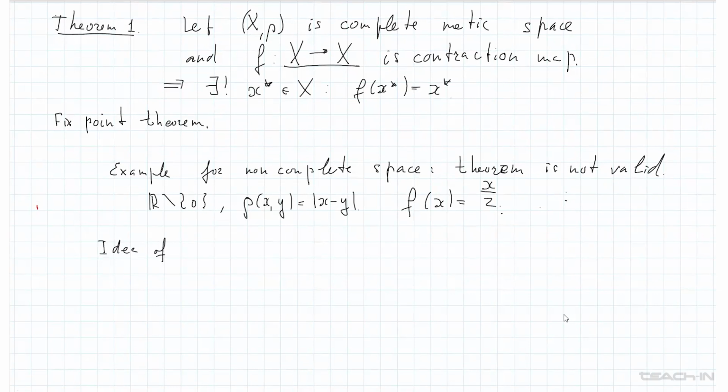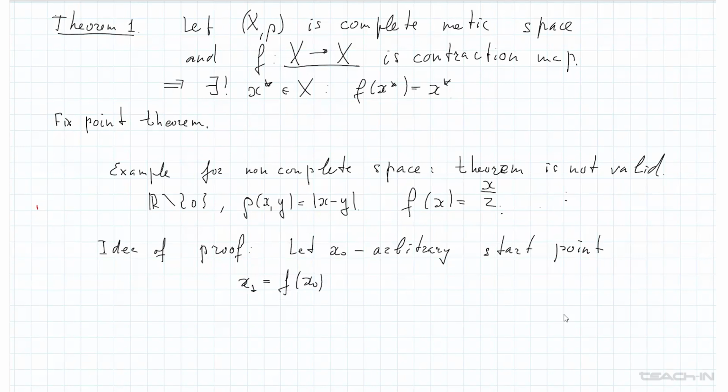Okay, I give the idea of the proof, only the idea, because for some tasks it will be convenient. Let x0 be an arbitrary starting point. Then you take x1 equal to f at x0, and so on. By this rule you obtain a sequence, the so-called orbit of the starting point x0.